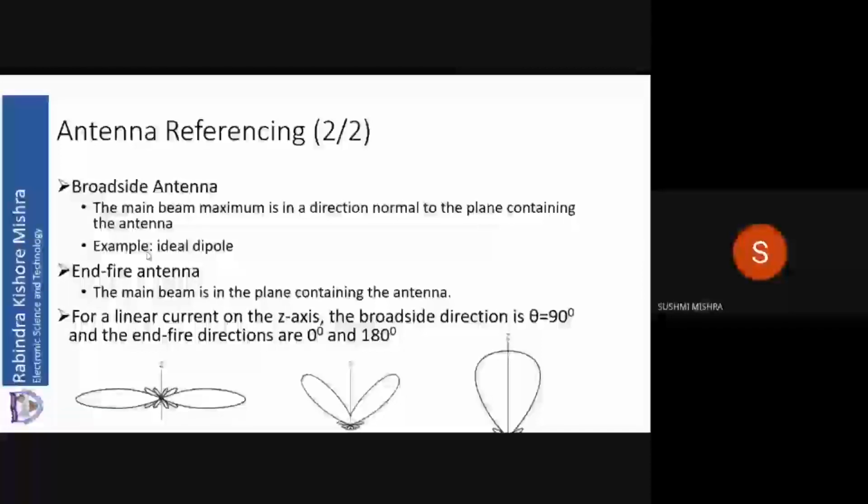Then we saw the pattern in the far field, discussed the pattern and the terms which can be defined in terms of the pattern, and we ended at referencing the antenna, or classifying the antenna based on the radiation pattern. So this is where I should stop now.